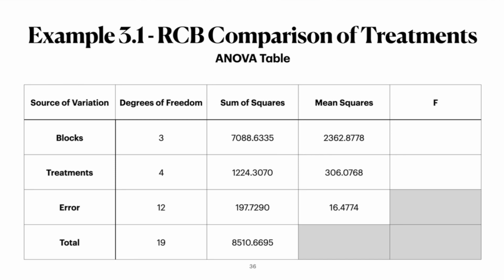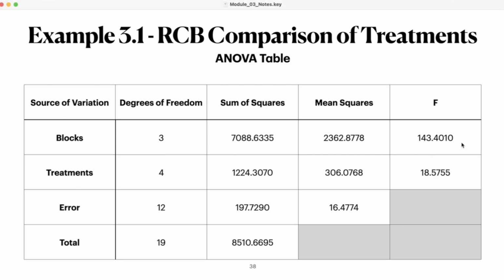Once we have these mean squares, we obtain the corresponding F statistics, for blocks and for treatments, by dividing their mean squares by the mean square error. We're not too interested in the F statistic for blocks at this point, but we are very much interested in the F statistic for treatments. This is the primary focus, and it is used to test the null hypothesis that there is no difference between the 5 treatment means.